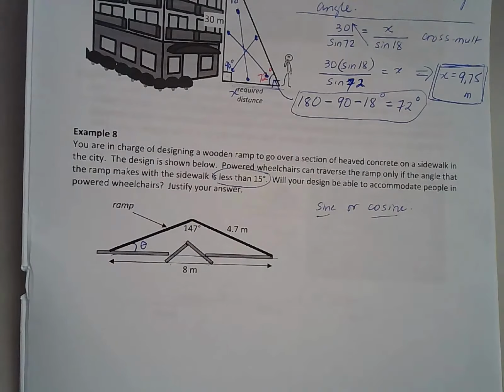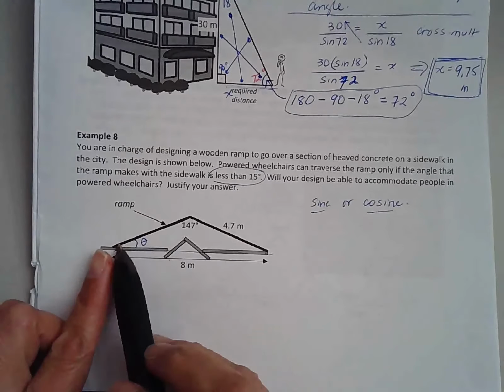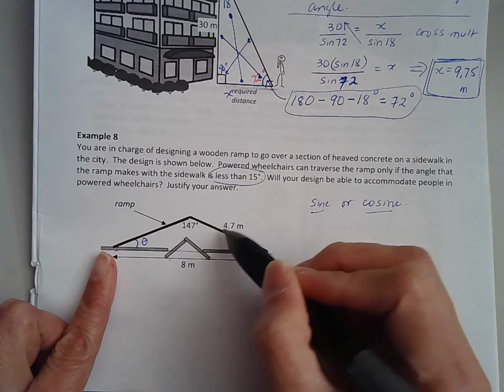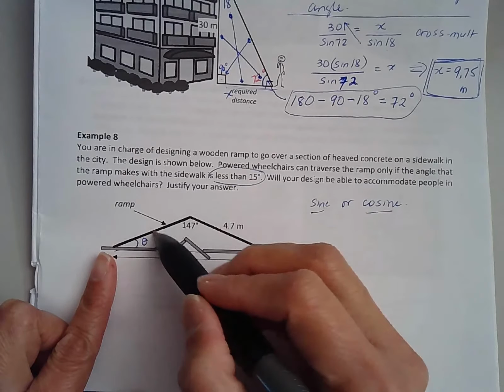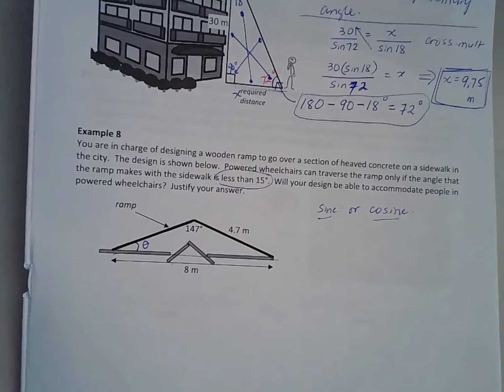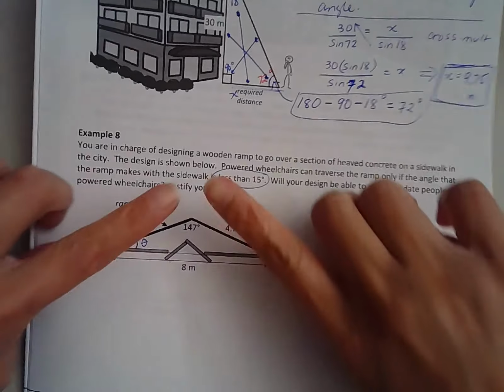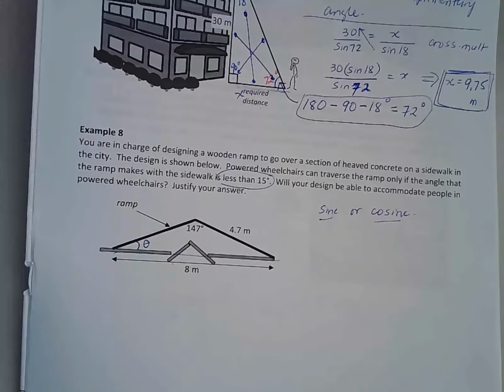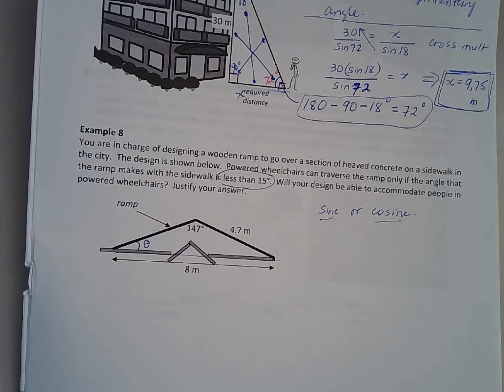That's an interesting thought, because from the looks of it, this is 4.7 and this is 4.7, right? It kind of makes it look like an isosceles triangle, but there's no indication that it is.